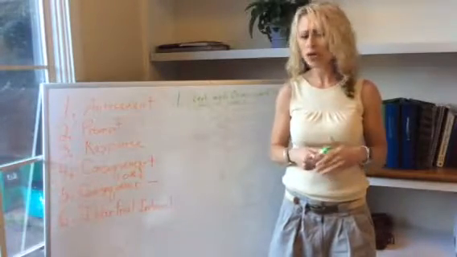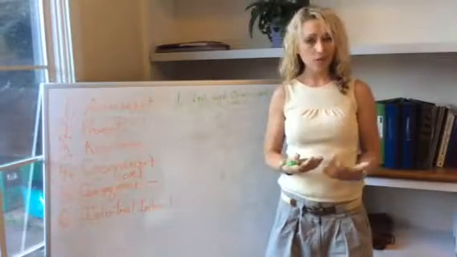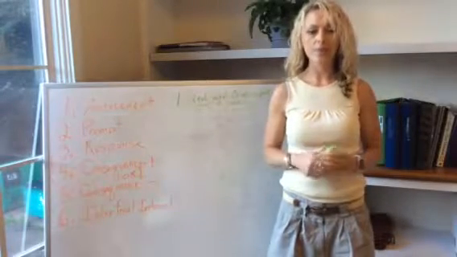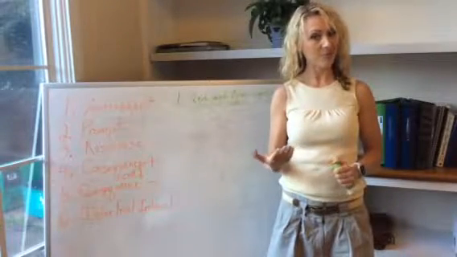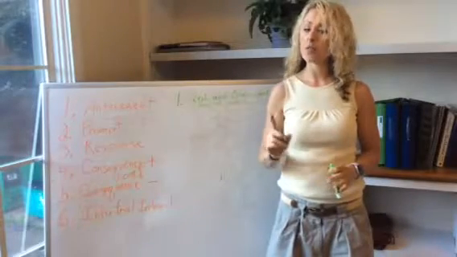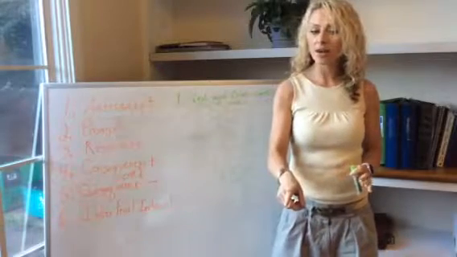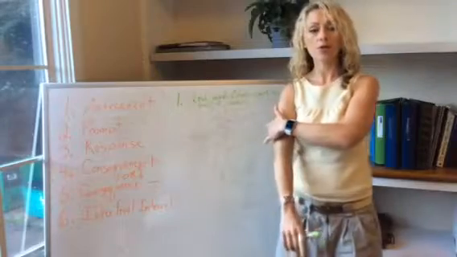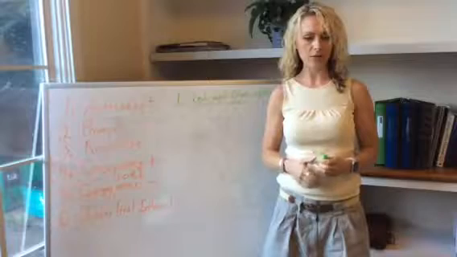Okay. So after this prompt has been used a number of times and Jane is responding correctly at a certain frequency or a set criteria, right, it might then be faded out to a partial gesture prompt. Remember, this should be terminology that you're hearing again. This time, after the teacher says point to red, she would only gesture about halfway to the red card, right, that partial gesture, or she might just do a partial touch like, hey, a little tap on the arm, and again, reinforcement would be delivered.